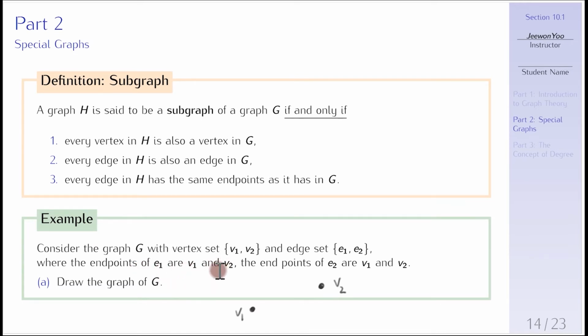In other words, V1 and V2 are connected by E1. E2 is also connecting V1 and V2. So we have parallel edges, and it's not a simple graph. It doesn't matter. We're not interested in finding a simple graph at the moment. We're interested in finding the subgraphs of this one.